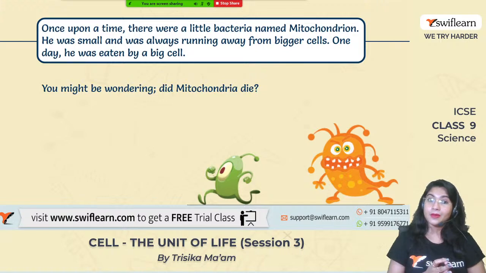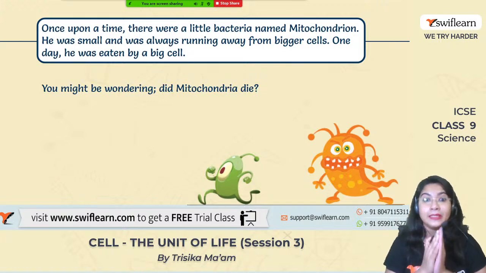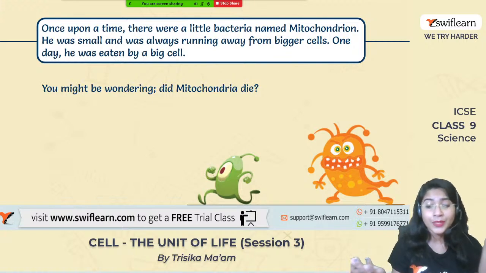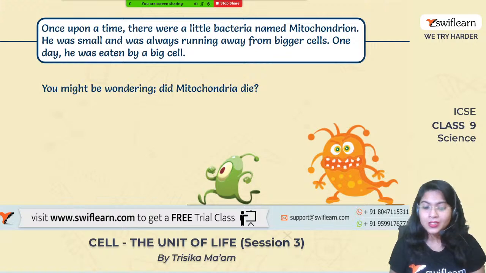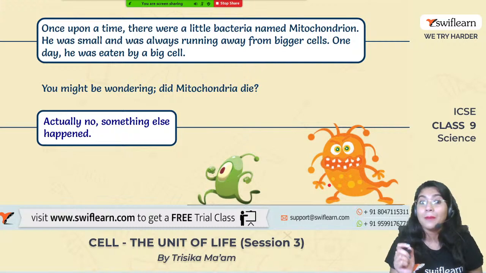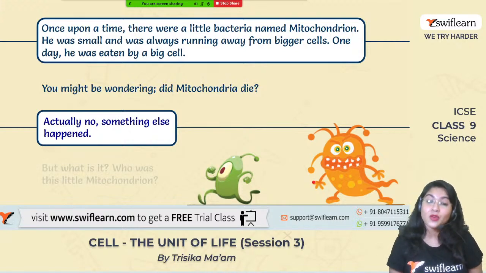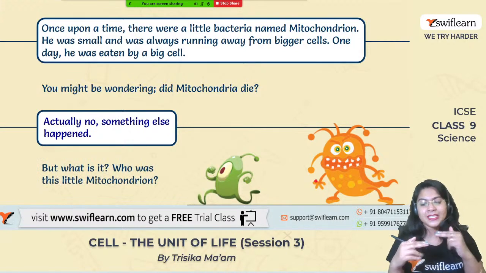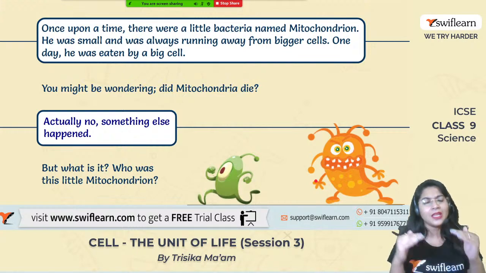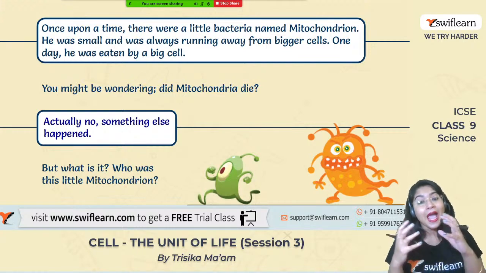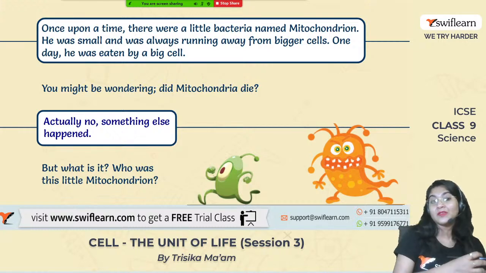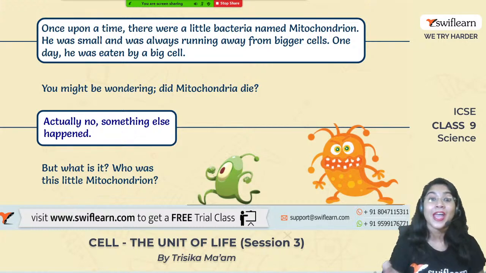One day he was eaten by a big cell. You might be wondering that the mitochondria would have died, right? But do you think that the mitochondria died? No, that actually did not happen. Something else happened. This mitochondria, with the help of the cell, fixed some mutual benefit and maintained a mutual relationship, and it was present from that time within the eukaryotic cell.